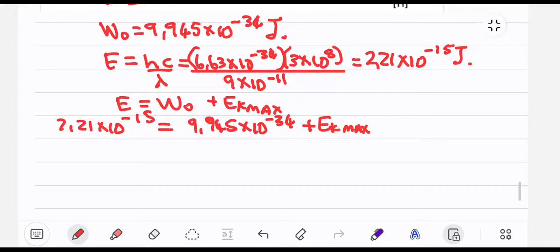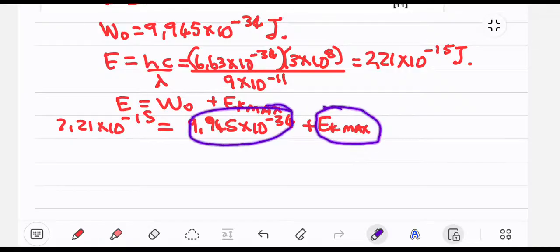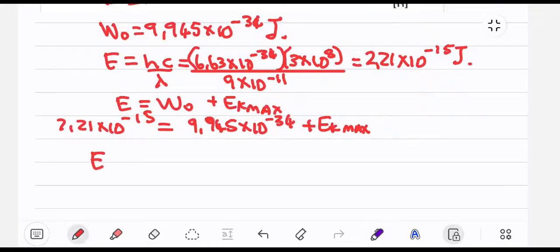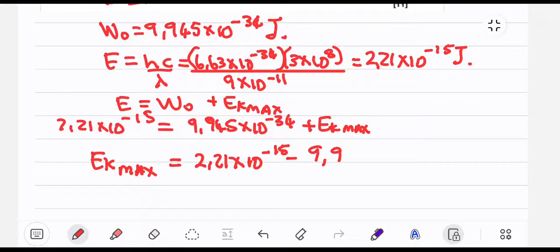So I'll solve for EK max. Solving for this implies that I transpose this to the other side. So I'm left with EK max, and transposing that to the other side, it will be 2.21 times 10 to the negative 15 minus 9.945 times 10 to the negative 34, and then EK max.